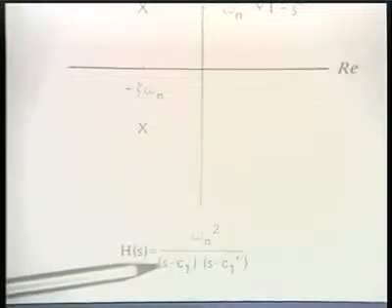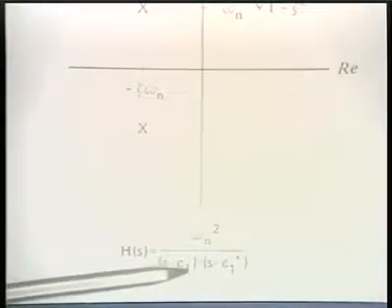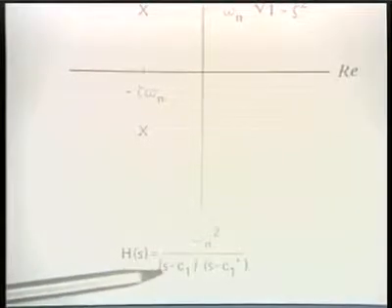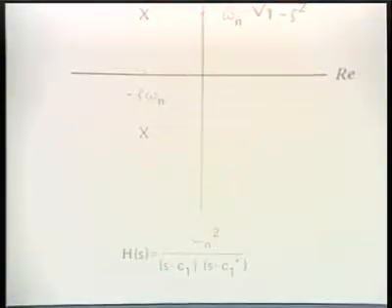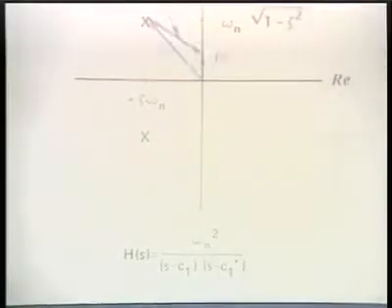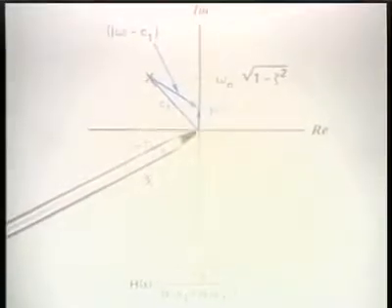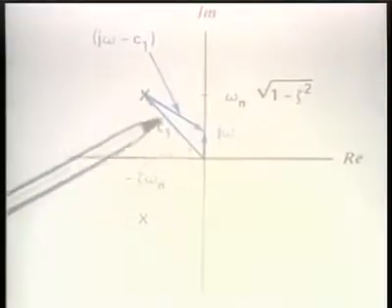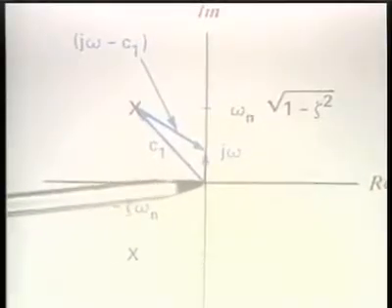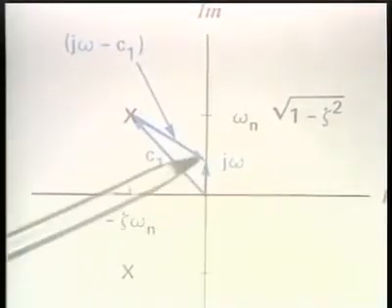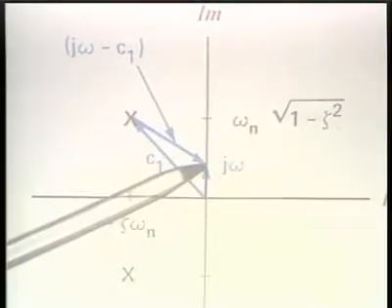So let's look, for example, at the vector s minus c1, where s is on the j omega axis. Here is the vector c1, and here is the vector s, which is j omega, if we're looking at this value of frequency.